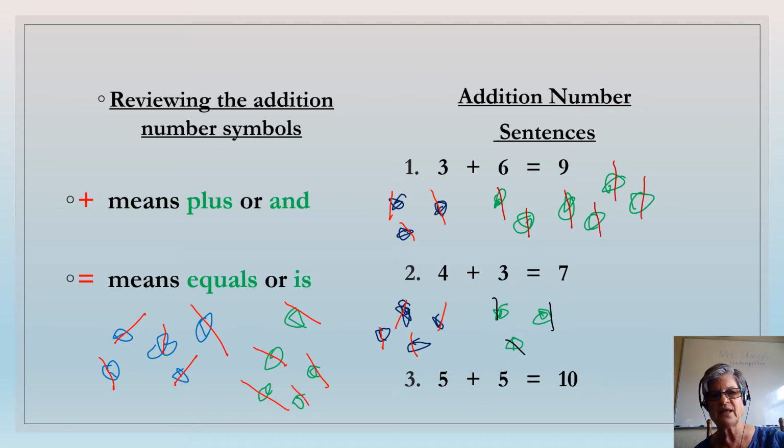So 5 plus 5 equals 10. And I'm going to count them to make sure I have 10. You point and count while I point and count. Okay, you ready? Let's go. 1, 2, 3, 4, 5, 6, 7, 8, 9, 10. So 5 plus 5 equals 10.